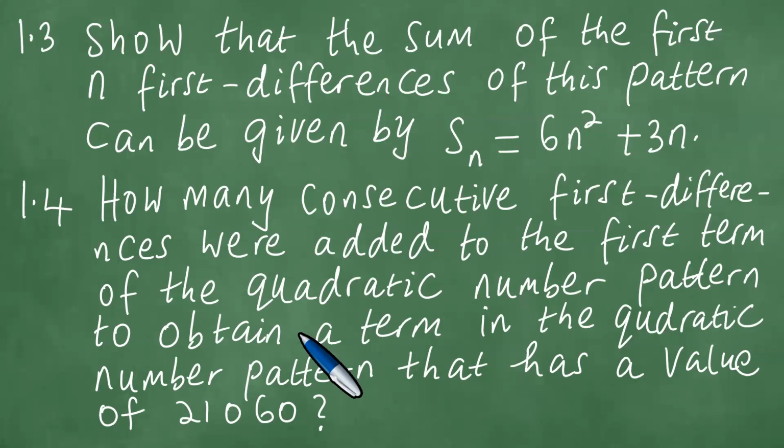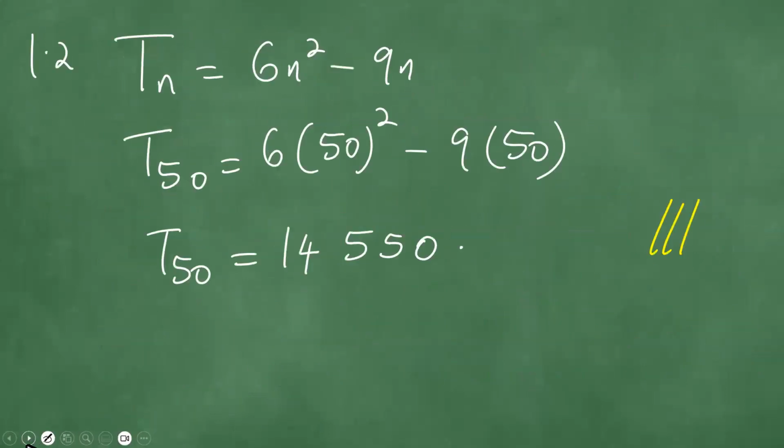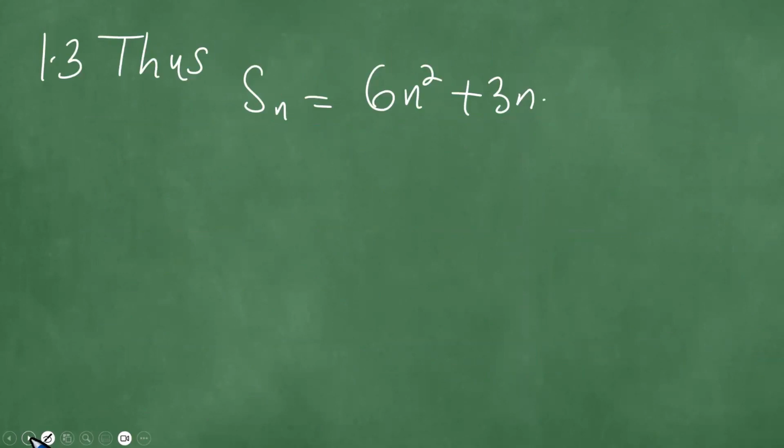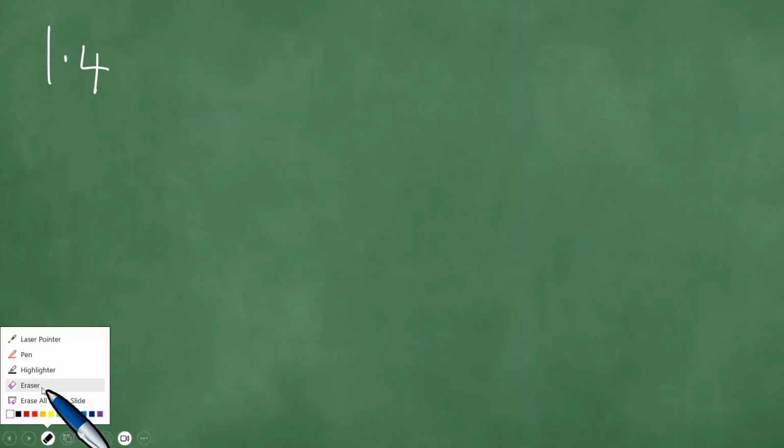Right. So now we are adding the consecutive first n differences to the first term. So we're adding them to -3 of the quadratic number pattern, to obtain a term that has a value of these. Okay, so 1.4 is saying there are terms that were added to the first term of the quadratic number pattern. Let me write down something necessary here.